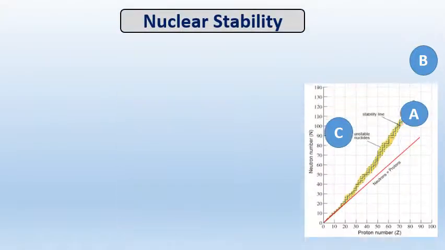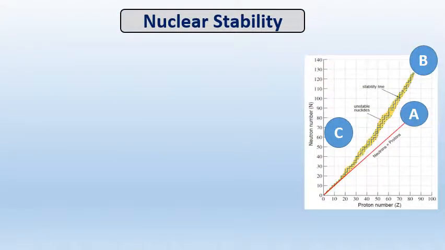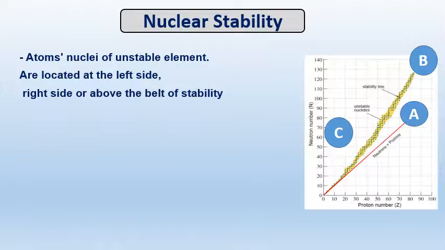For example, here in this diagram we can see element A, which is located on the right side of the belt of stability, and this is considered an unstable element. Also C, which is located on the left side of the belt of stability, is unstable.